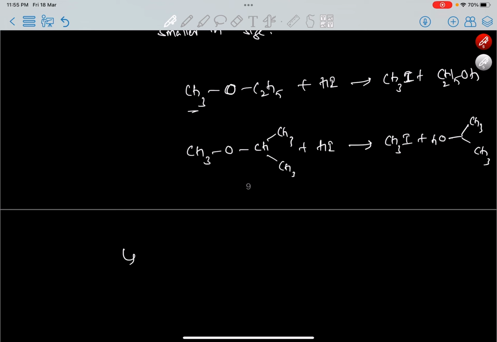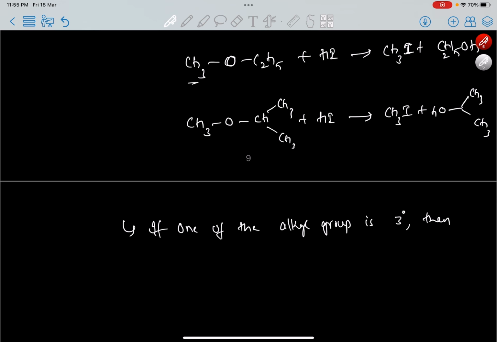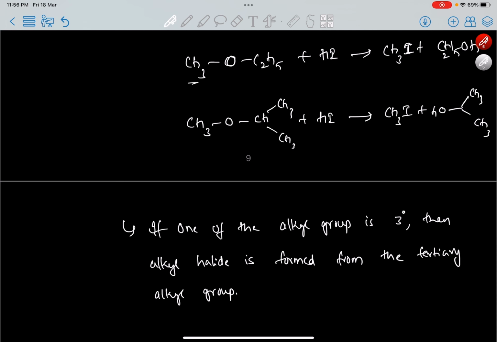Now, in case one of the alkyl groups is tertiary, then that alkyl group forms the alkyl halide. Alkyl halide is formed from the tertiary alkyl group.